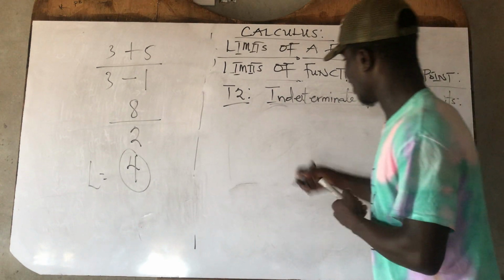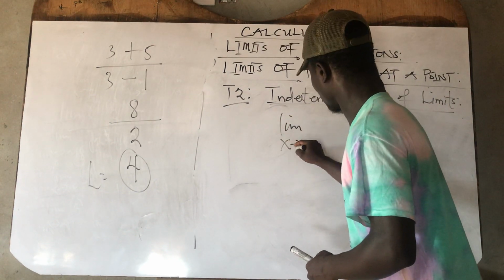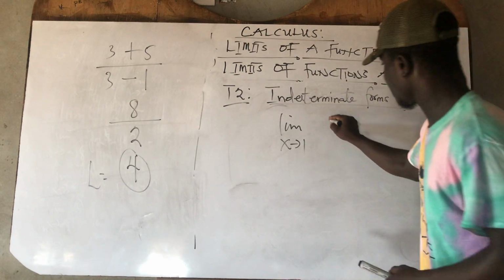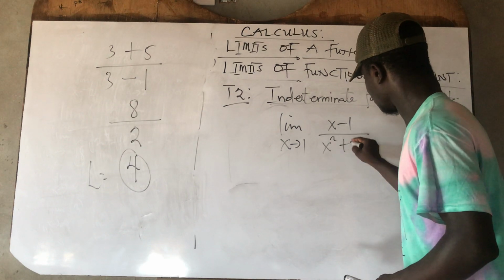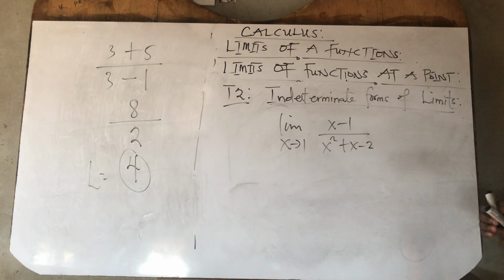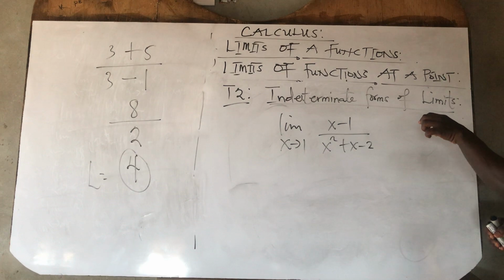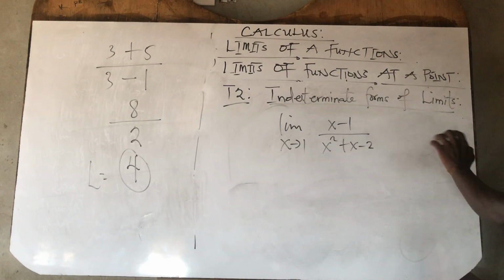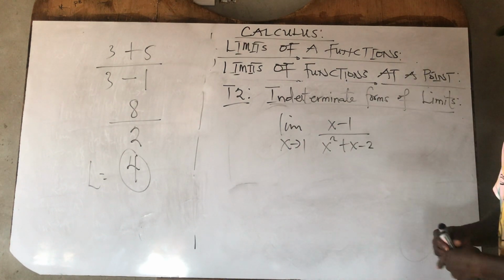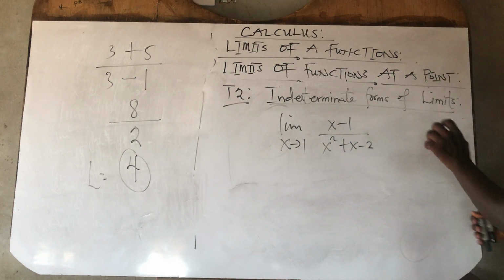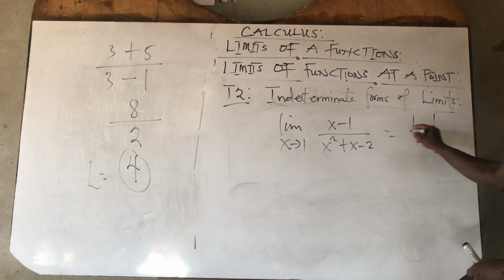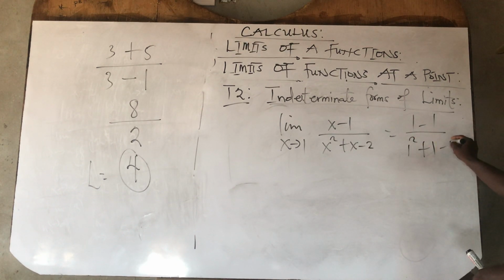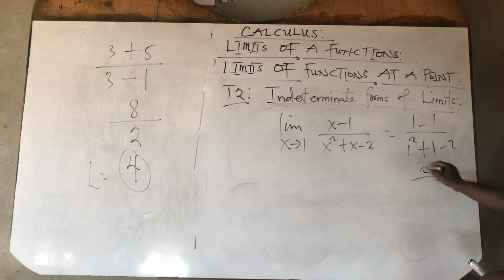If you have the limit as x approaches 1 of x minus 1 all on x squared plus x minus 2, we do direct substitution. Let's plug in the x value, which is 1. So we have 1 minus 1 all on 1 squared plus 1 minus 2, so we have 0 on 2 minus 2, which is 0 on 0.